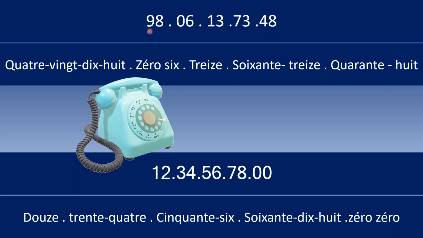In French, 98 is quatre-vingt-dix-huit, then 06, 13, and 73. Remember 73 is 60 plus 13. So 73 and 48. You have to give the four numbers this way.